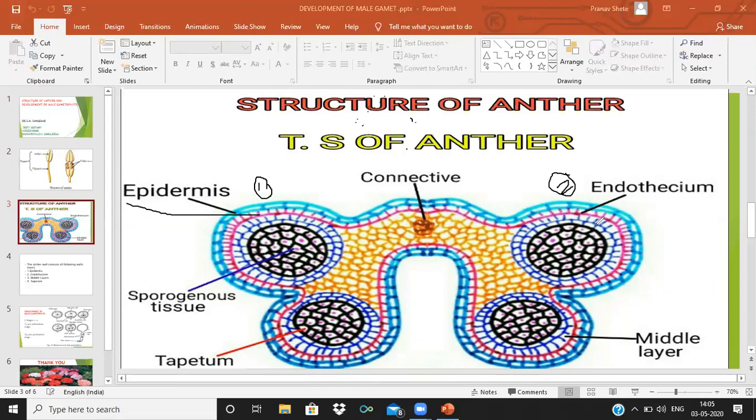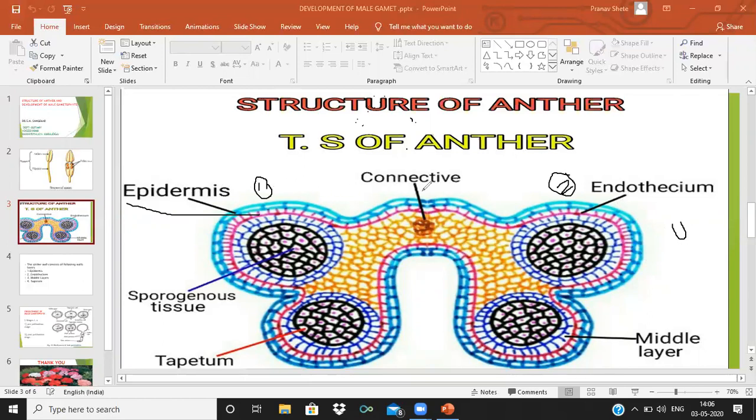Usually, fibrous bands are U-shaped and hygroscopic in nature. You know the meaning of hygroscopic: to maintain moisture. What is the function of the endothecium? Endothecium cells help in the dehiscence of the anther at maturity.